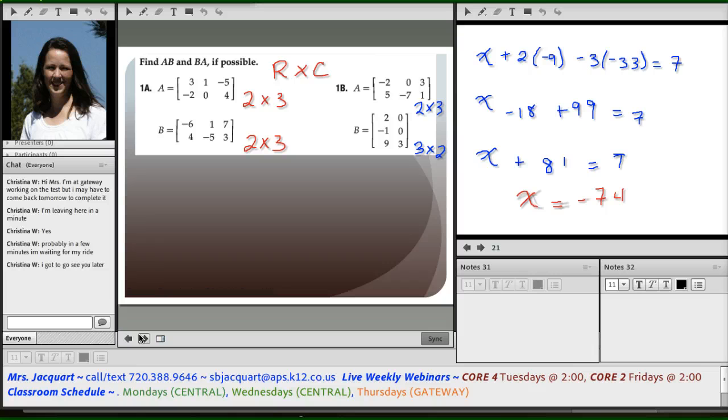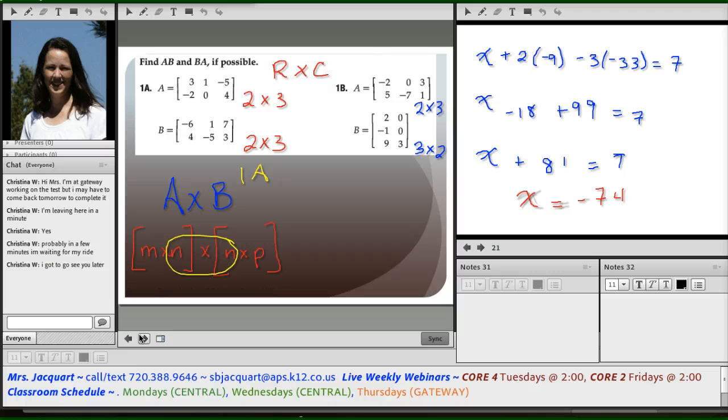In order to take A times B, their orders must match in the guts. So if this is M by N, we're going to times it by N by P. The guts must match. Okay, so let's look at 1A.